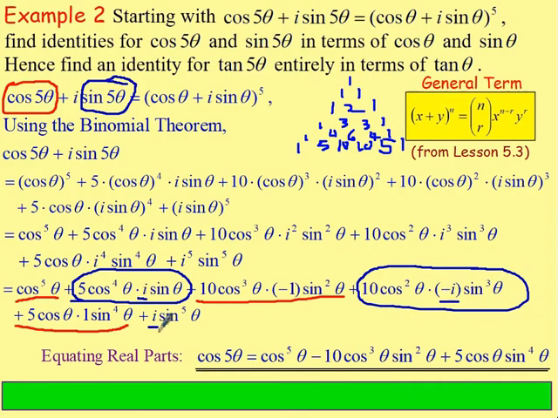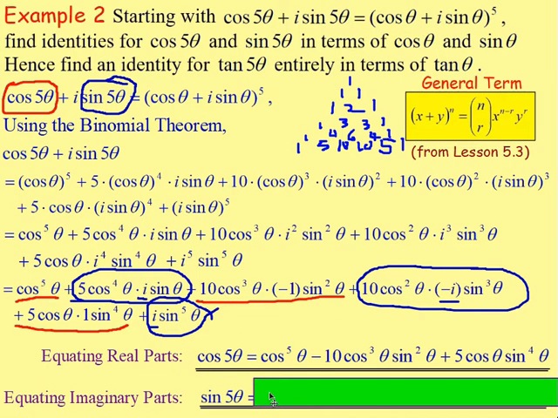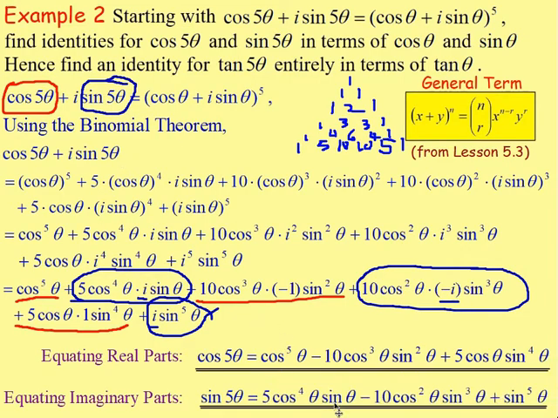And this part here also has an i, so that will be an imaginary part. So all you want to do is equate the imaginary parts and say that this sine 5 theta must equal the 5 cos theta to the power of 4 sine theta, take away 10 cos squared theta, and then i cubed theta plus the sine theta to the power of 5. And that is going to be the identities for the cos 5 theta and the sine 5 theta.